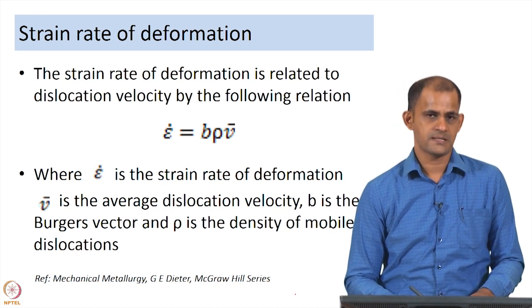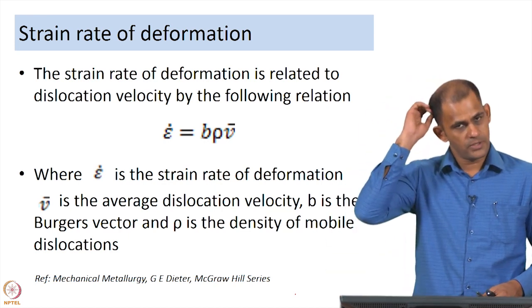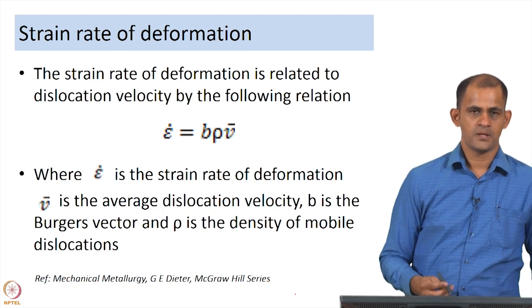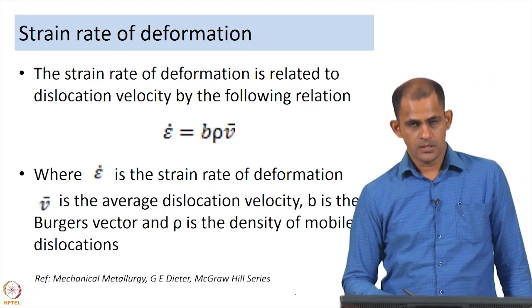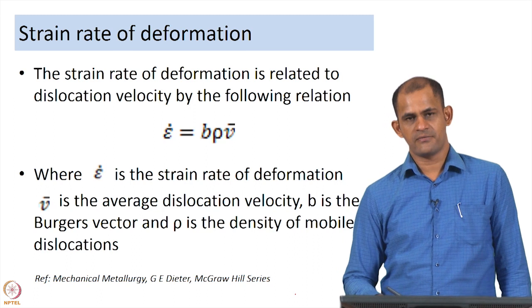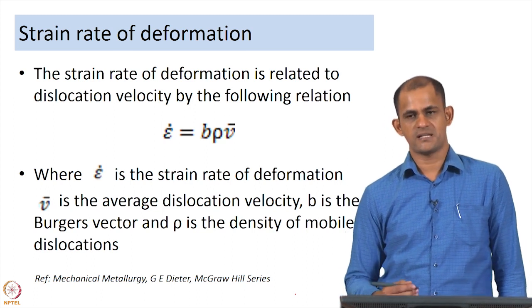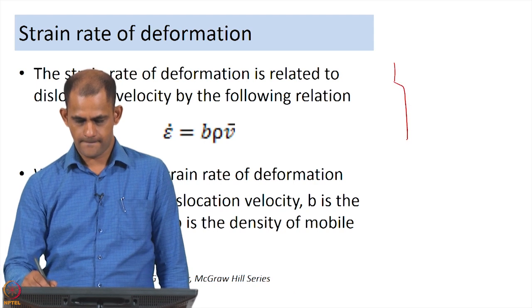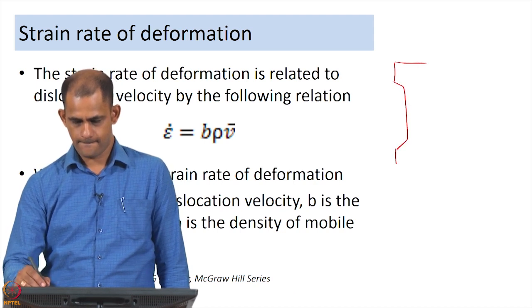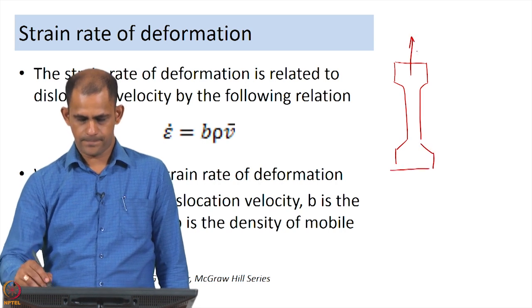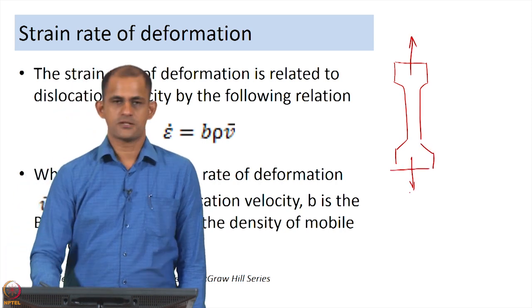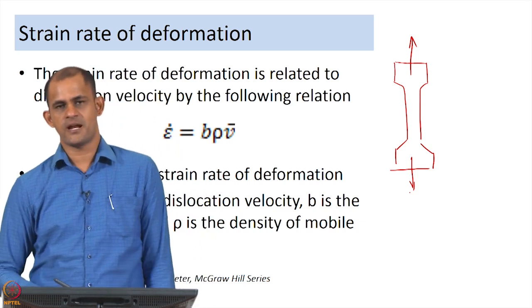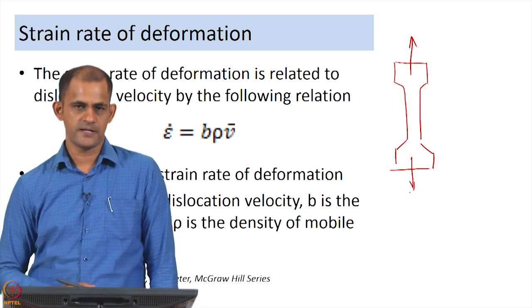The first concept is the strain rate of deformation and how this depends on the velocity of the dislocation. When you are doing any mechanical deformation, let us take the example of a tension test. Say it is loaded on a universal testing machine and you have applied a certain crosshead speed.